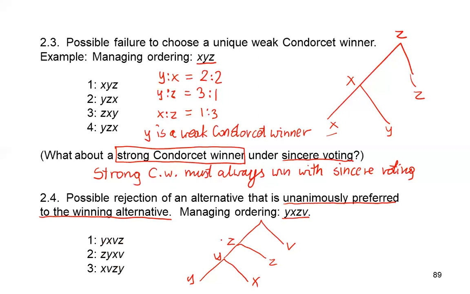And now Z against V: VZ, ZV, VZ. V is the winner. And if we compare X and V, we see that X actually is preferred by everybody.